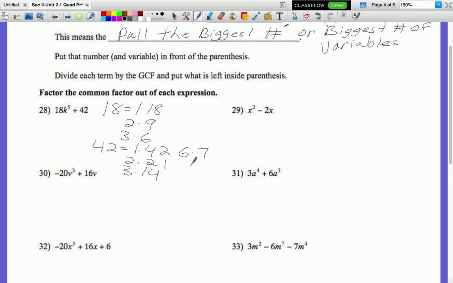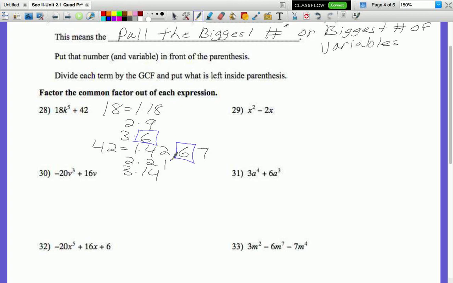Okay, 13, 14, we're already back to the beginning. So what we do is we find the biggest number that they have in common. What is the biggest number that we have in common when we wrote out the factors of 18 and the factors of 42? The biggest number that I see in common is this right here, the 6.